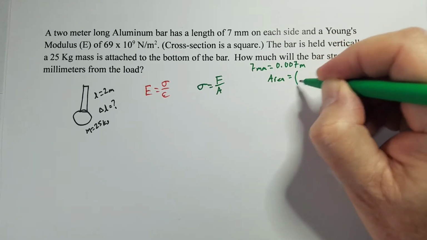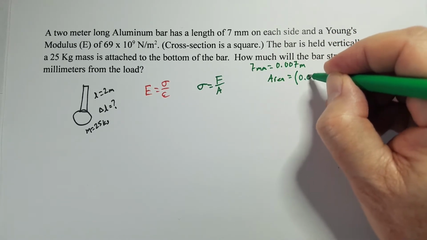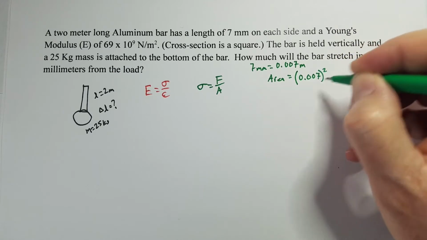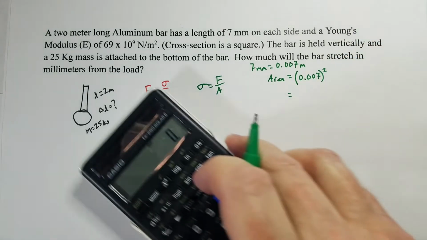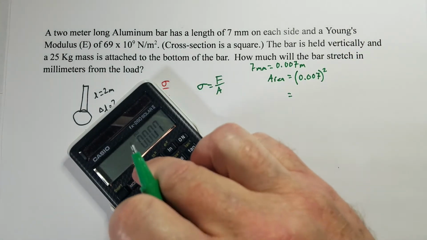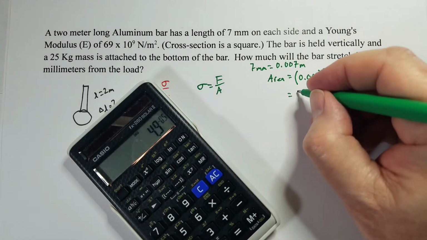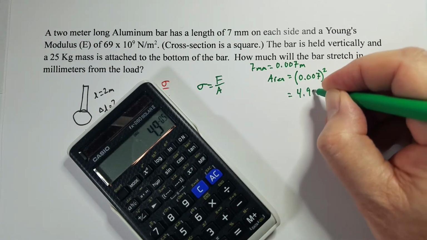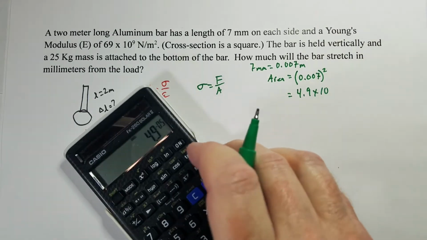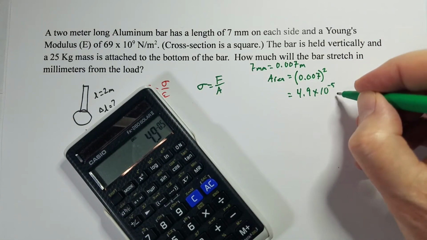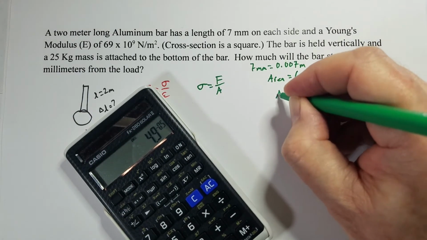And since it's a square, we're just going to square that number. 0.007 squared is 4.9 times 10 to the minus 5 meters squared. So that's my area.